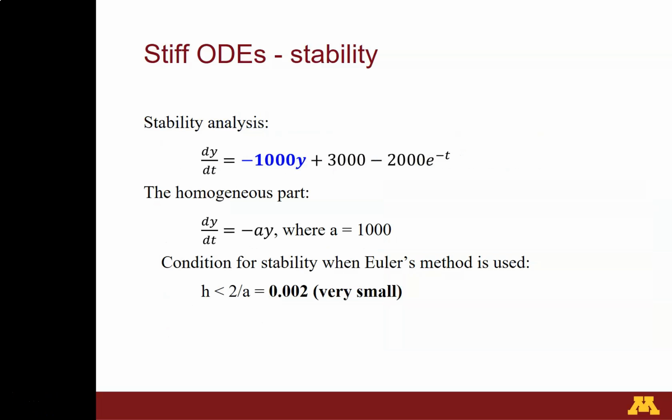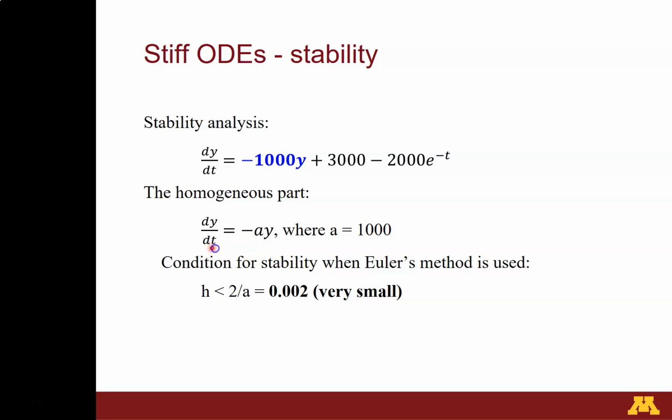Now let's analyze the stability. So again, this is the ODE equation. And for the homogeneous part, we actually just keep this term and eliminate the other term. Then we get the homogeneous part here. Here a equals 1000, a large number.